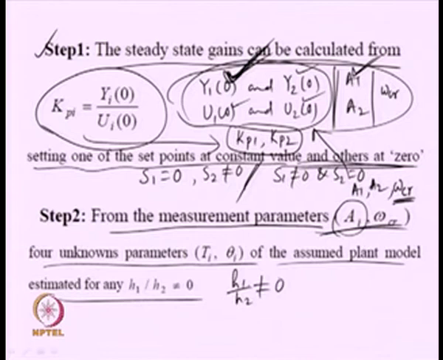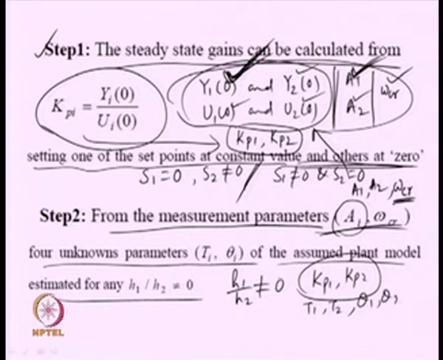With non-zero relay settings, it is possible to measure A1, A2, omega CR, Y1 0, Y2 0, U1 0 and U2 0, and subsequently estimate the unknowns Kp1, Kp2, T1, T2 and theta 1, theta 2. Okay. This is how the identification of the TITO system is accomplished.